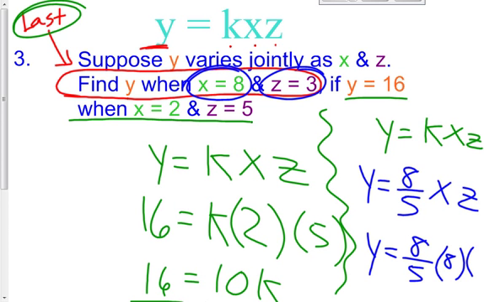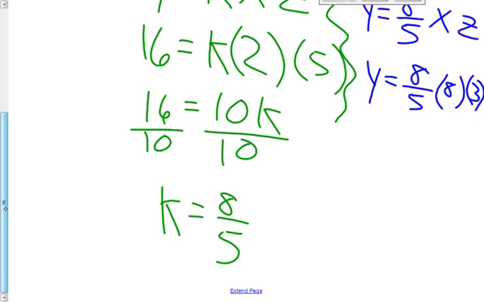Z in this case is 3. So all you need to do, class, is multiply all three of these by each other, and we have our answer. Y equals 8/5 times 8 times 3, which you should get as a decimal is 38.4. As a fraction, you should get 192/5.